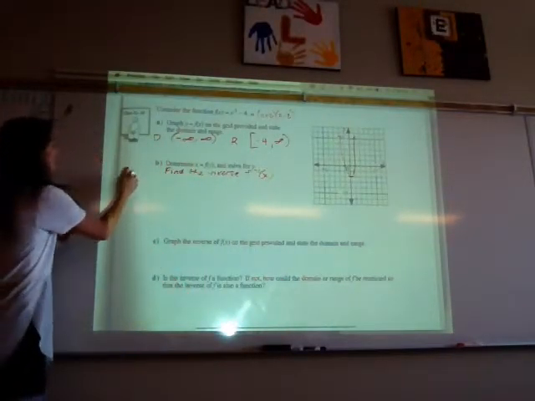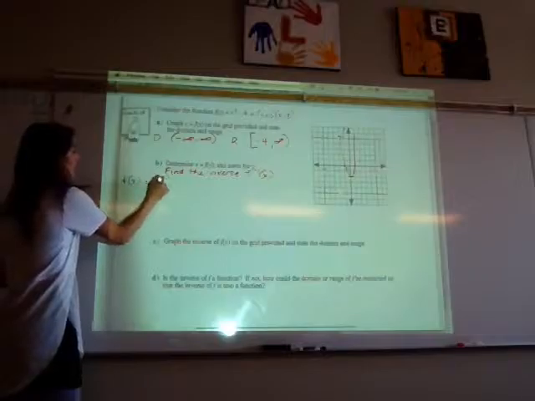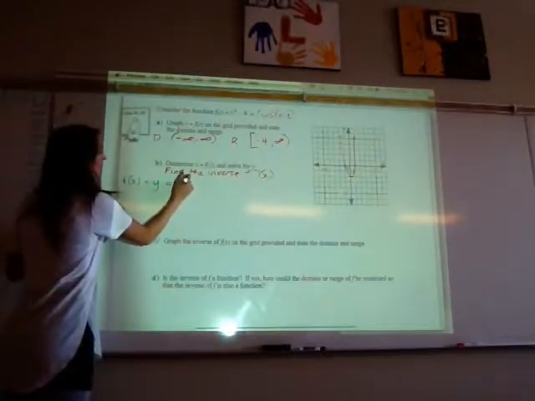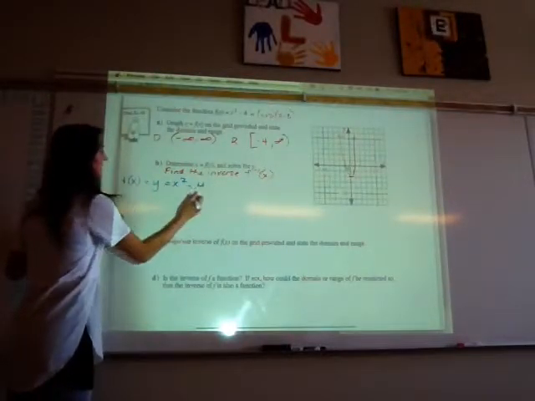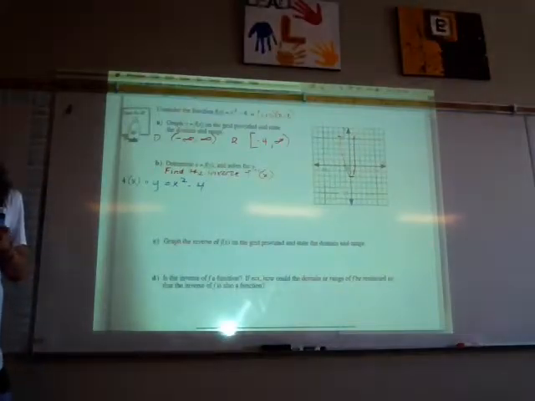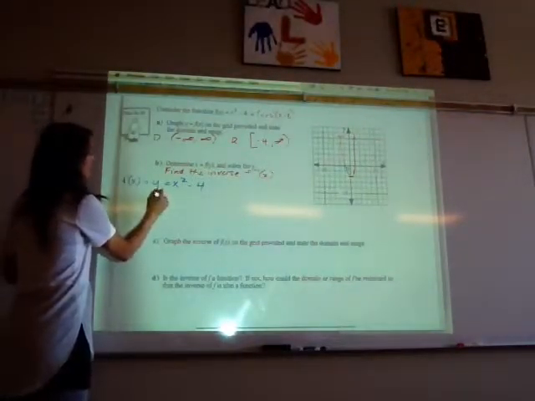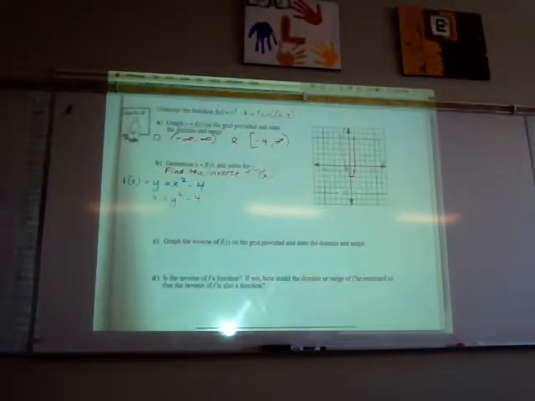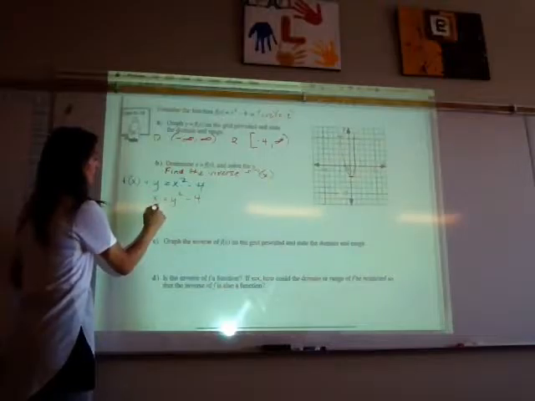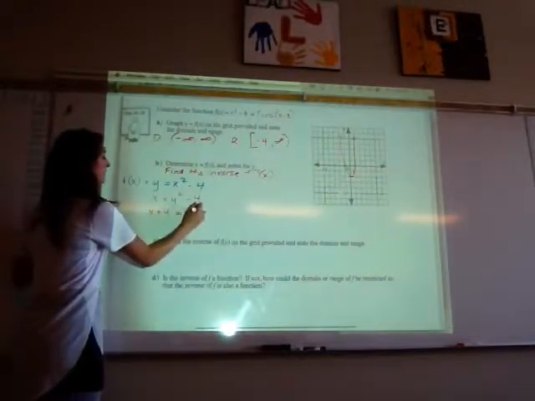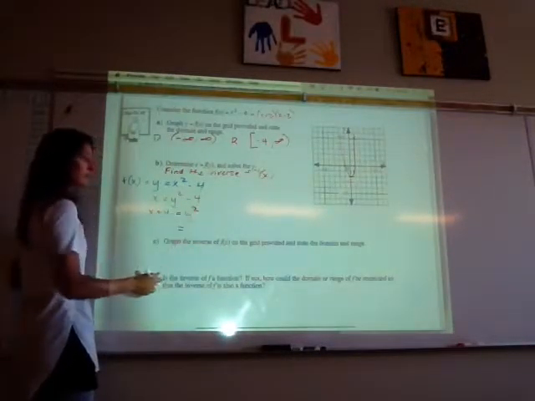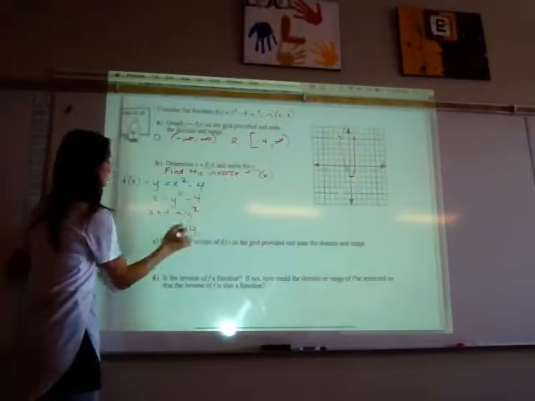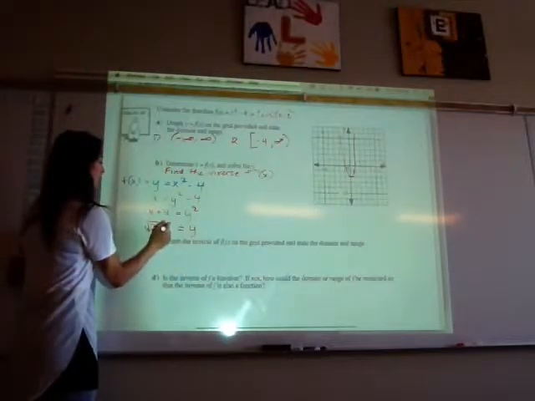First, we're going to let f of x equal y, and that equals x squared minus 4. Then we're going to switch the x and the y. So x equals y squared minus 4. And then we solve for y. So add the 4 over, we get x plus 4 equals y squared. And we have to get rid of the square, so we're going to square root. We get the square root of x plus 4.